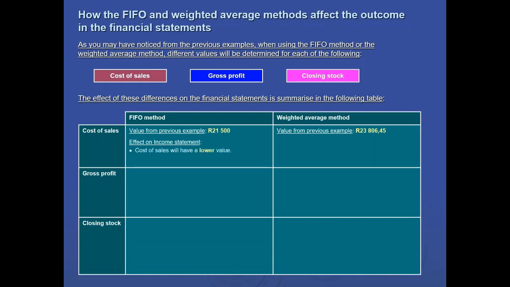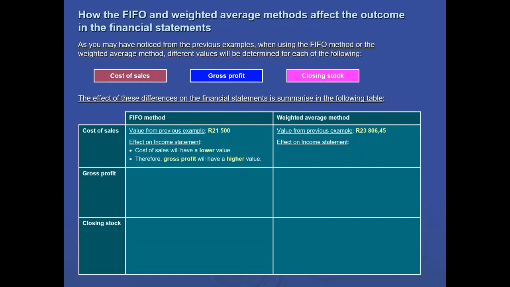In the first in first out method, we notice that the cost of sales will have a lower value than in the weighted average method. So that will mean also that the gross profit will have a higher value. So we make more gross profit.